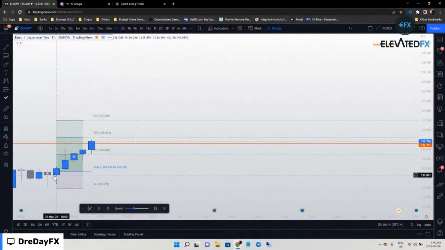I put it at the previous candle open, so at the start of the price here. So the stop loss is really tight. Why? Because I want to make sure that if it hits my stop loss, I'm not going to lose a lot on my account.